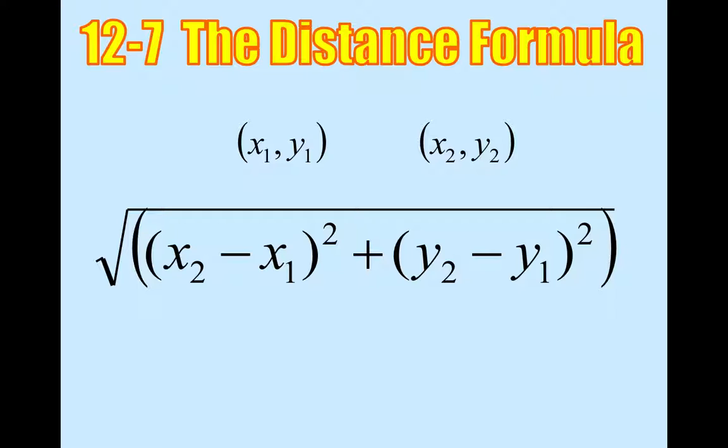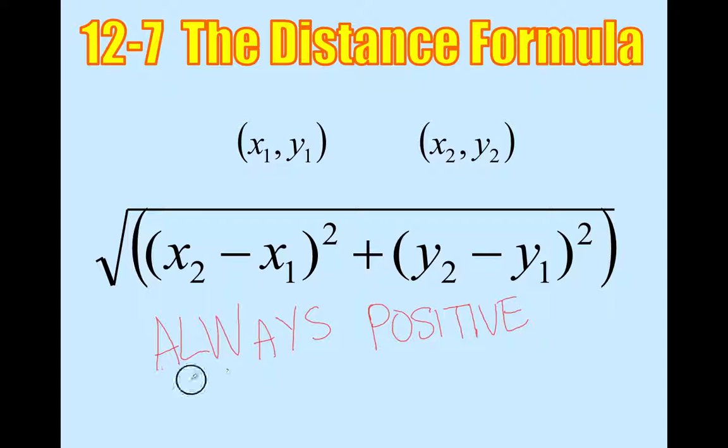Now, one thing that you definitely need to remember in the distance formula, and you need to write this down in your notes: distance is always positive. It is always positive, no matter what.